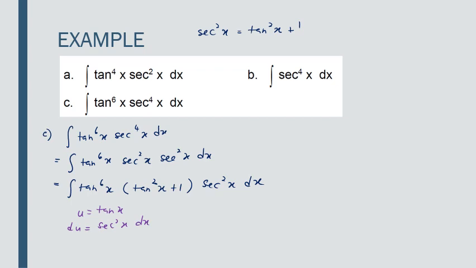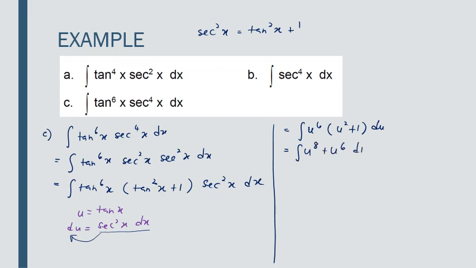Okay, so substitute into our equation. Integrate tangent is u, so u power of 6, this is u square plus 1, and secant square x dx is equal to du. So du, right? Expand so that we get integrate u power of 8 plus u power of 6 du.